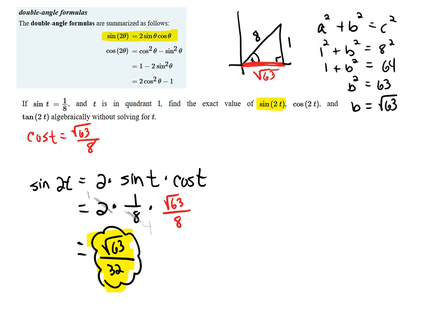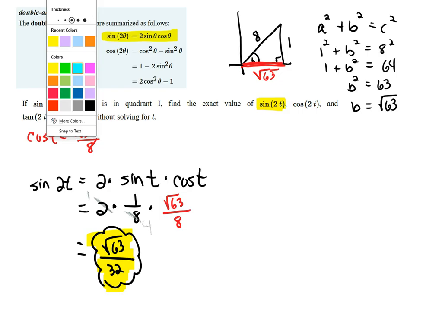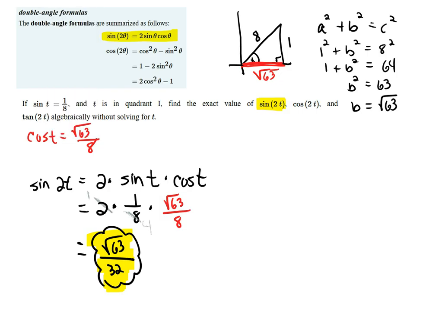Then, in order to find the cosine of 2t, I have some options here, because since I know the cosine and I know the sine, I can use any of these to figure out the answer. But I'll just go ahead and grab the first one here.